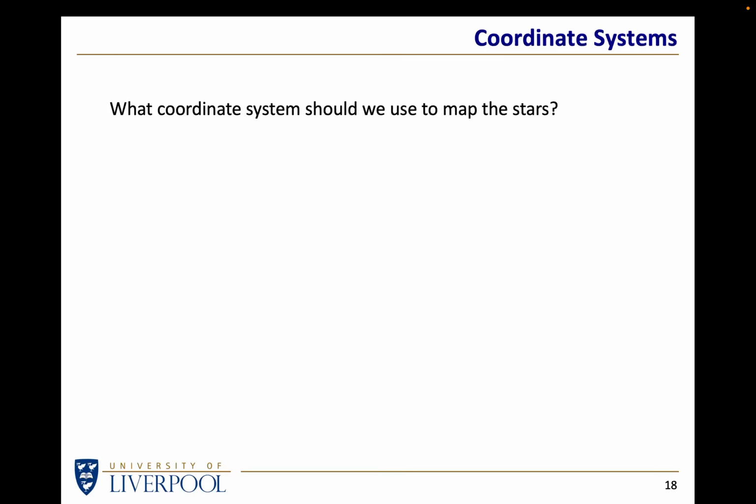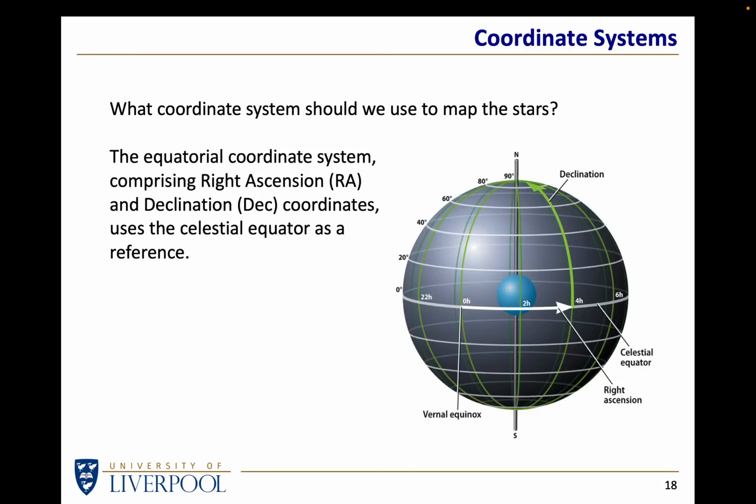So what coordinate system do we want to use to map the sky? Mostly, when you buy a star atlas or look on your phone at where the stars are, what's the coordinates of this star, we use a system that's analogous to the longitude and latitude of the Earth. A position in the sky would be measured by right ascension, which is analogous to longitude, and declination, analogous to latitude.